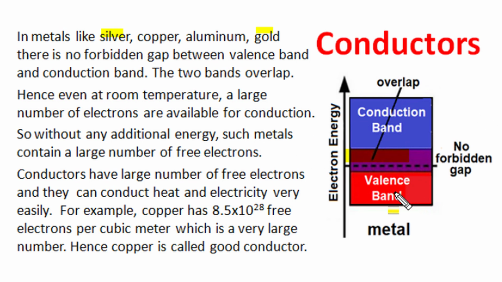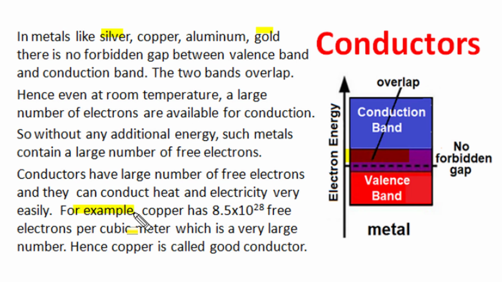So without any additional energy, such metals contain a large number of free electrons in conduction band, and due to large number of free electrons, they can conduct both heat and electricity very easily.